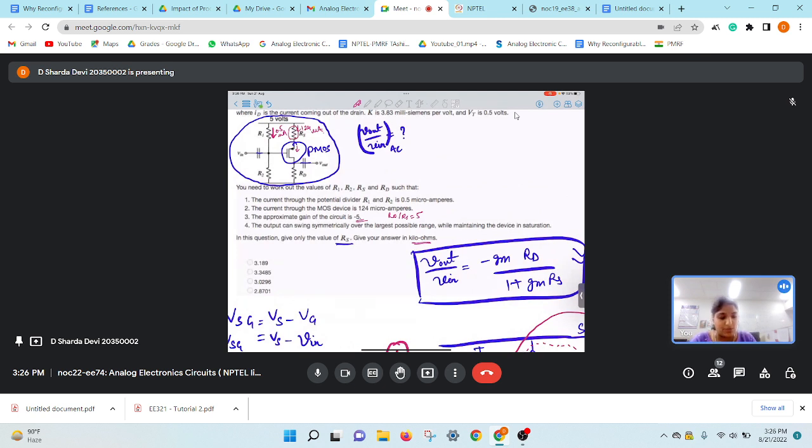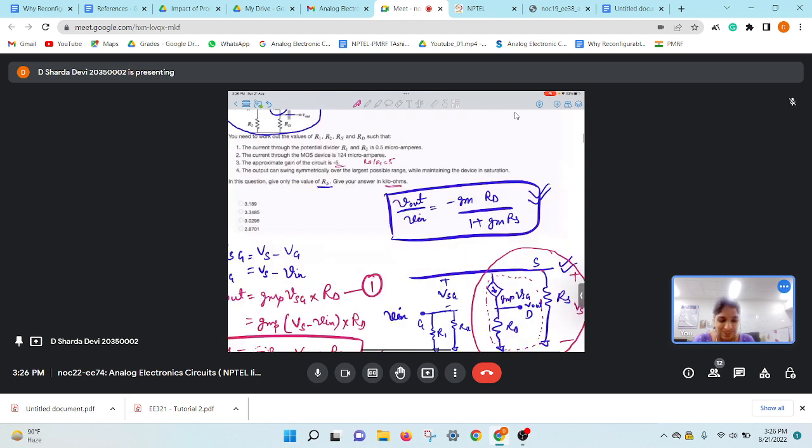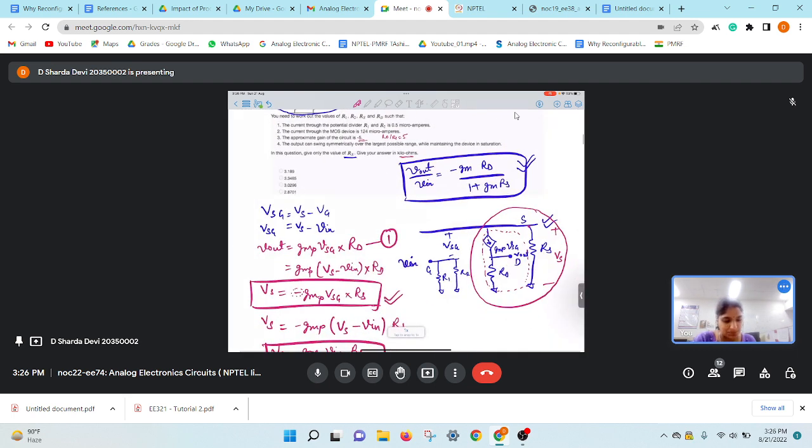So we have to get the value for this. Abhijit, did you try this one? Could you get the value for RS? Hello, are you there? Okay, let's move ahead and see.